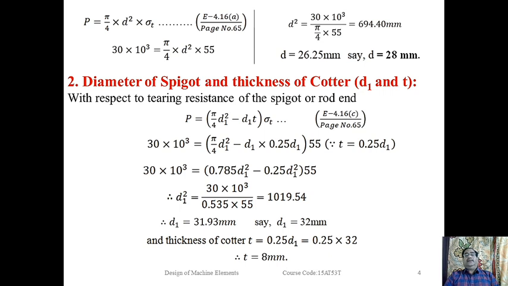Here we just substitute the values, and by simple calculation we can calculate D1 and t.